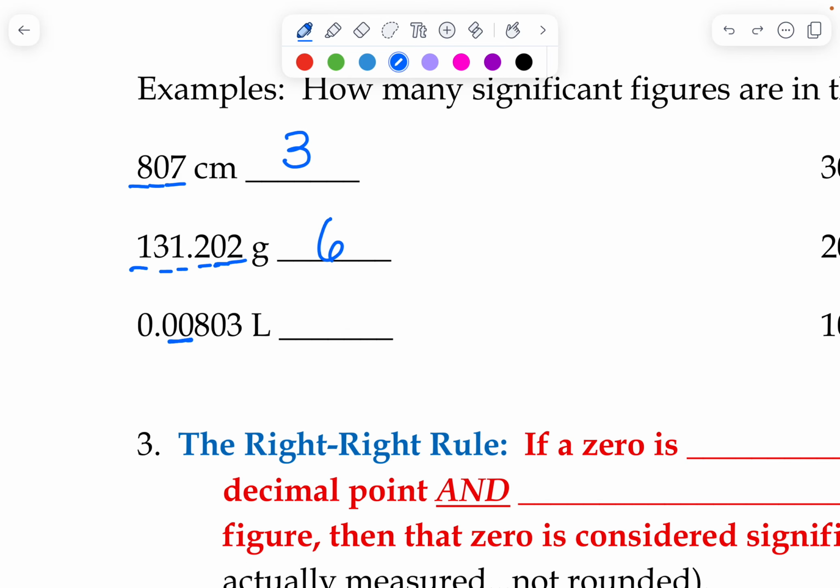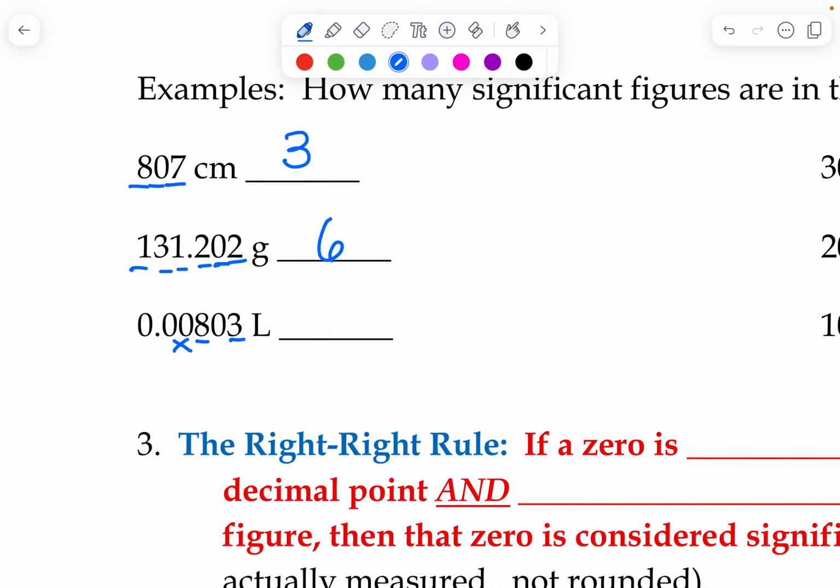These next 2 zeros, they have something on the right side of them for a sandwich, but this 0 we said did not count. And therefore, because it only has something on the right-hand side and not the left, those zeros are not considered significant. They're just placeholders because whatever we're measuring, it's just really, really small.